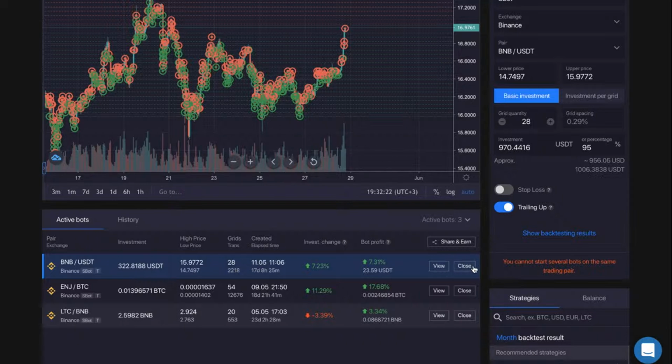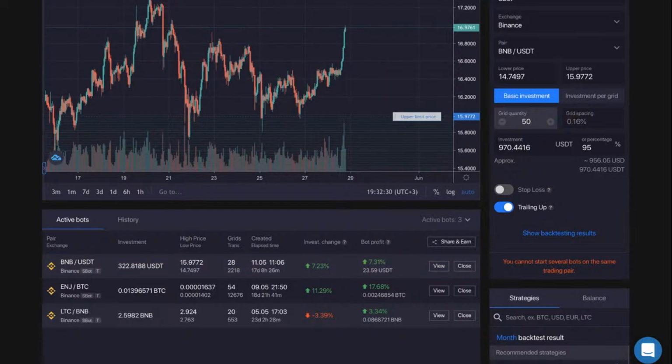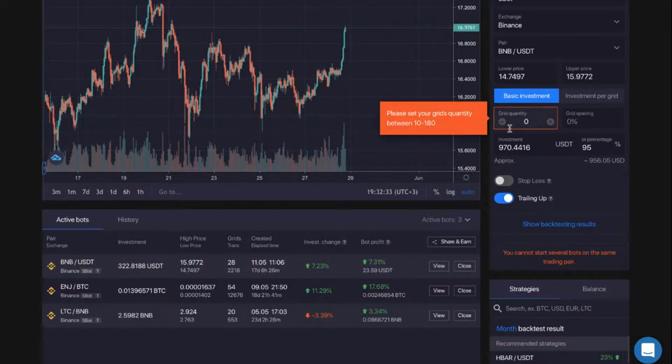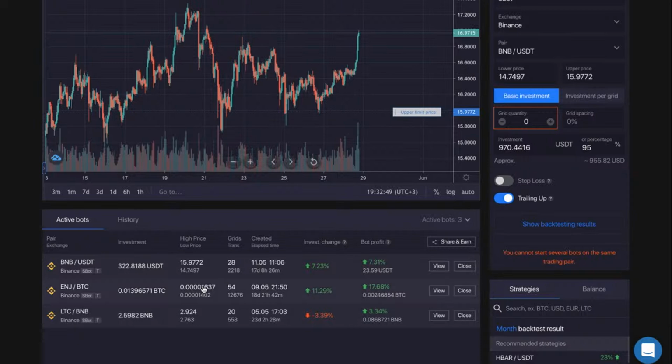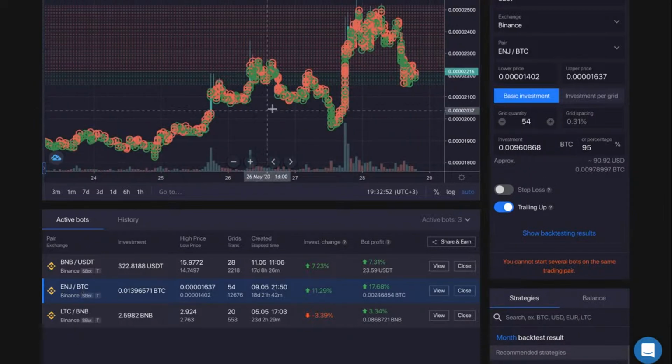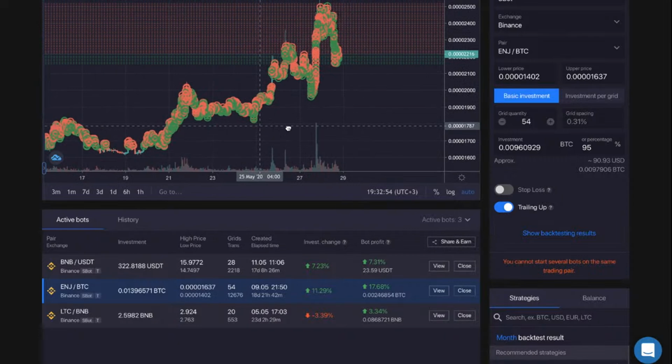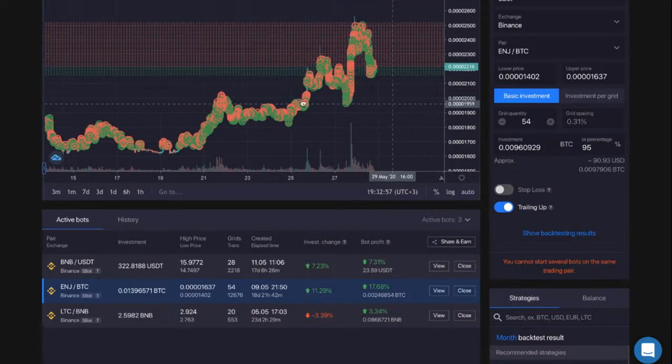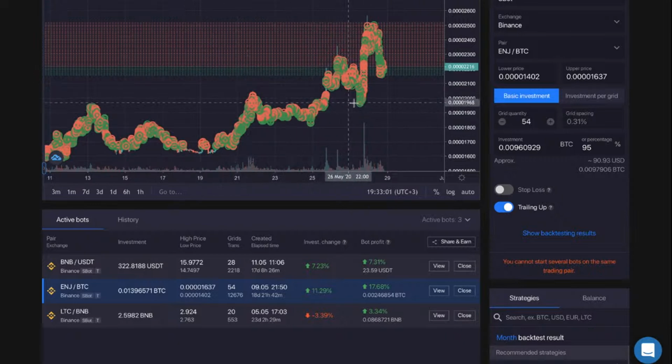So I should have closed this bot and reopened it with, let's say, 50 grid levels, but that depends on the balance currently available for me, because the more grid levels you want to place, the more is the investment requirement for you. Let's see what is going on with the NG trading to BTC. Yeah, that's exactly the same as I showed you in the presentation.